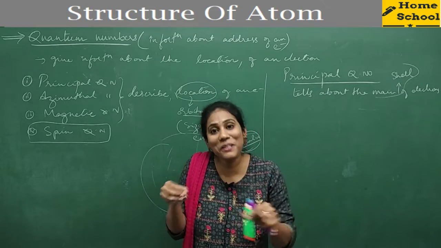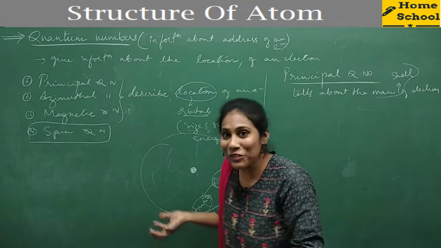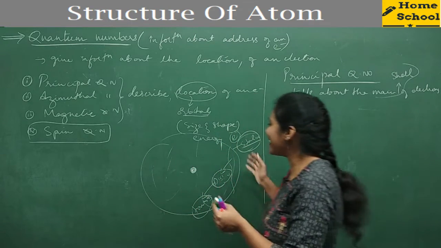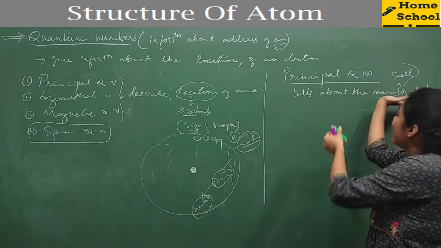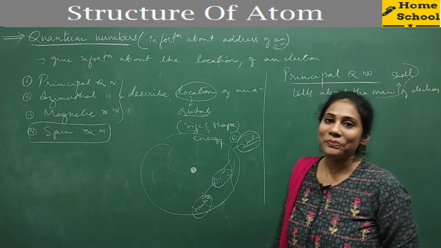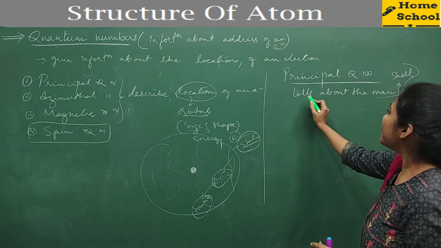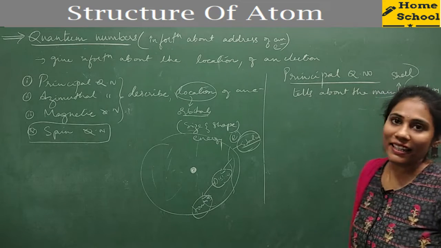Inside a district, again a smaller region is there. What is that? A town. So inside a town, you will stay. Just like that, electrons also stay in the main shell. Later comes the subshell. Later comes the orbital. So the principal quantum number tells everything about the main shell of an electron.